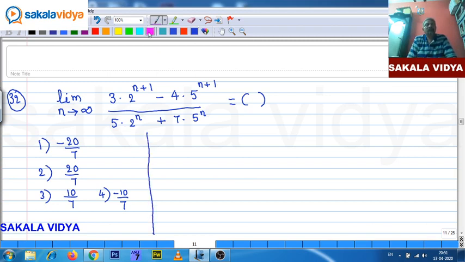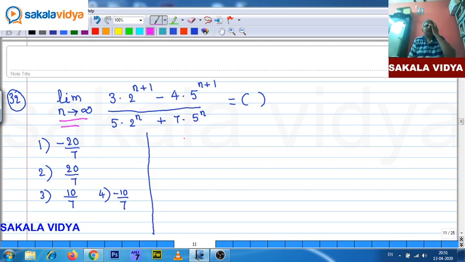So now, limit n tends to infinity (3 into 2 power n plus 1 minus 4 into 5 power n plus 1) upon (5 into 2 power n plus 7 into 5 power n).